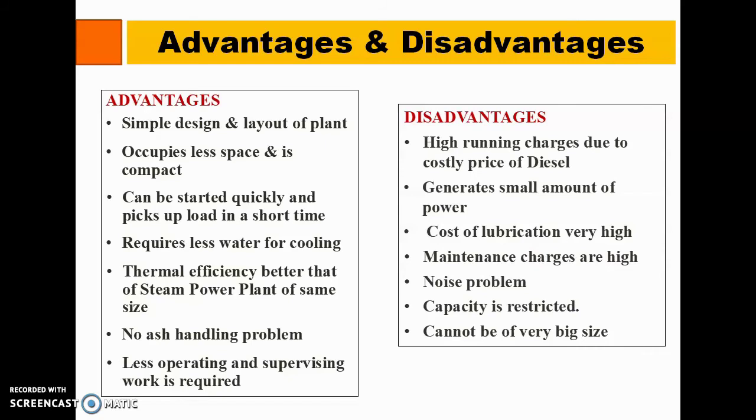Also the capacity of this plant is restricted. Then it produces noise, so there is a noise problem. Then for maintenance, as many mechanical movements are there in this diesel engine, the equipment must be maintained, so maintenance charges are high.